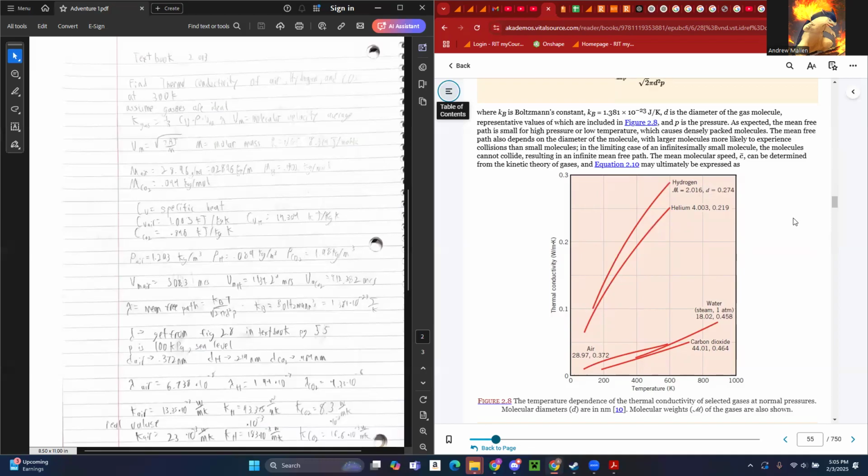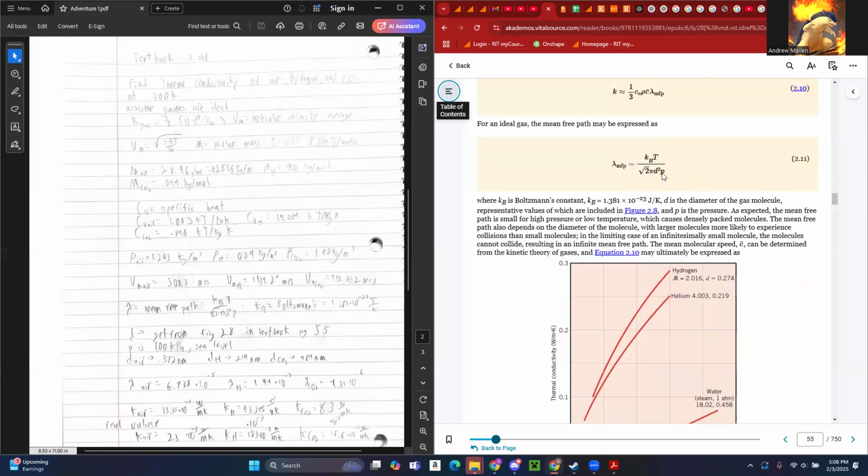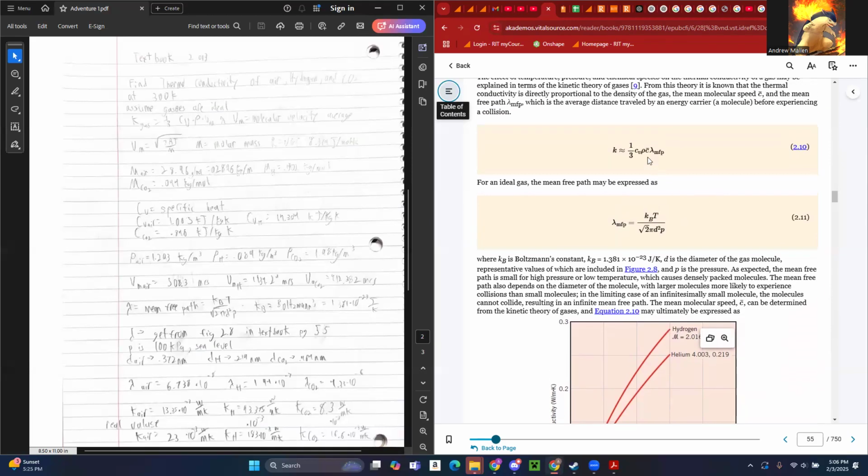It should be mentioned that all these diameters are given in nanometers, which is times 10 to the negative 9. So hydrogen has a size of 0.274 times 10 to the negative 9 meters. So you can plug the diameters into this and get the mean free path.